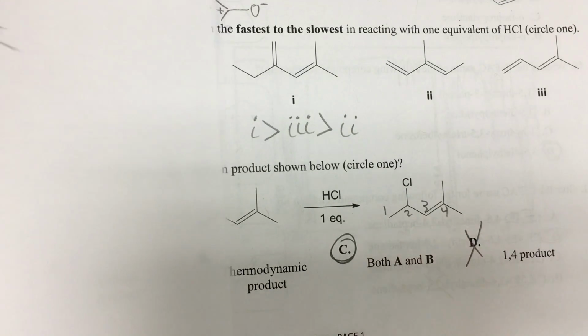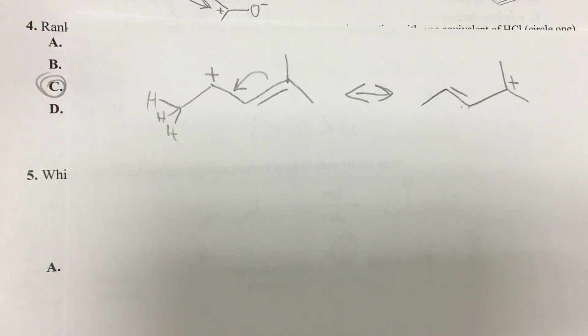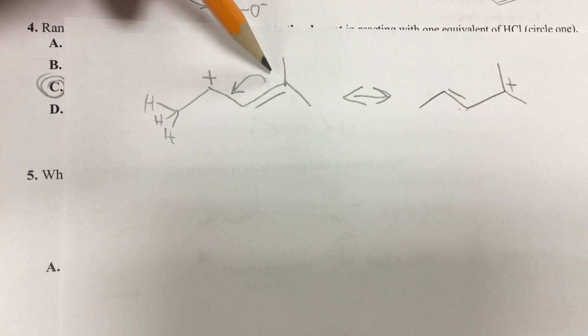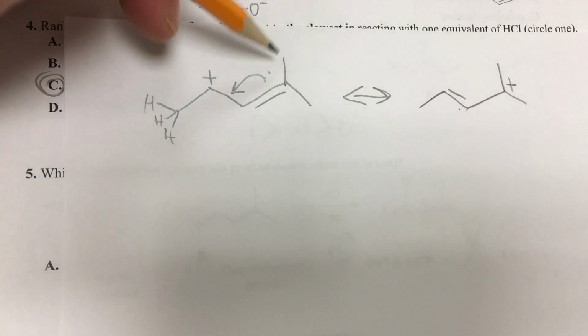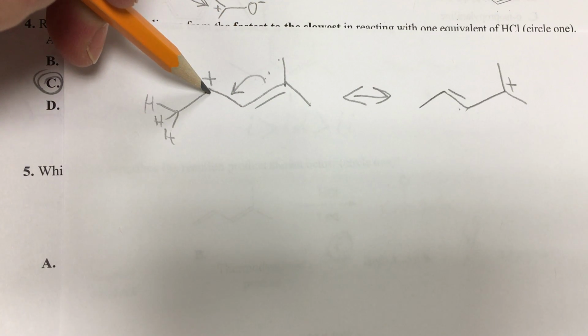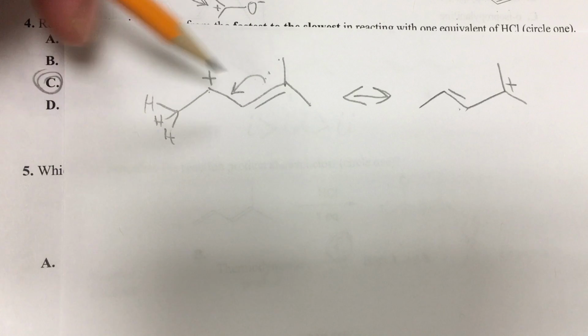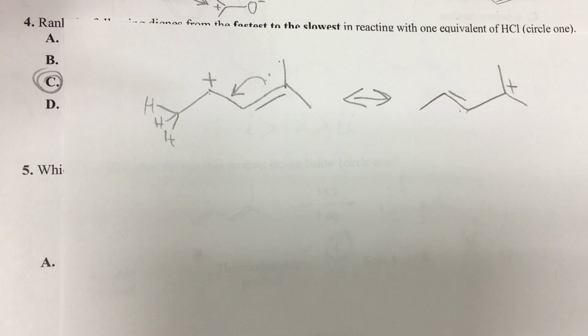It's shown at the end between 3 and 4. So that is actually because this is the most stable spot for that pi bond because it's tri-substituted. Tri-substituted means we have 1, 2, 3 alkyl groups attached to that pi bond right there. So that's the most stable double bond.